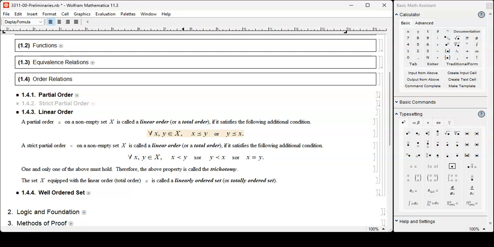If so, then the partial order is called a linear order, and because of this comparability, all the elements can be arranged in a line. Also, you can use strict partial order equipped with trichotomy: x is strictly less than y, or y is strictly less than x, or x is equal to y, and one and only one of those holds, not both. So not just or, but XOR.